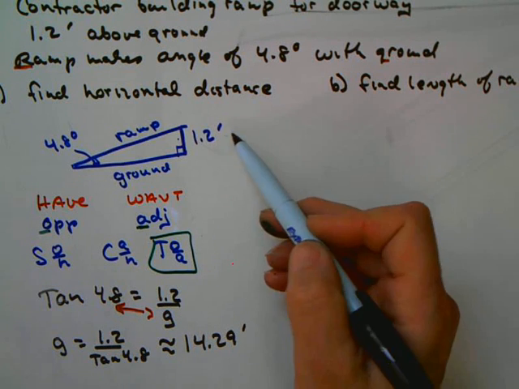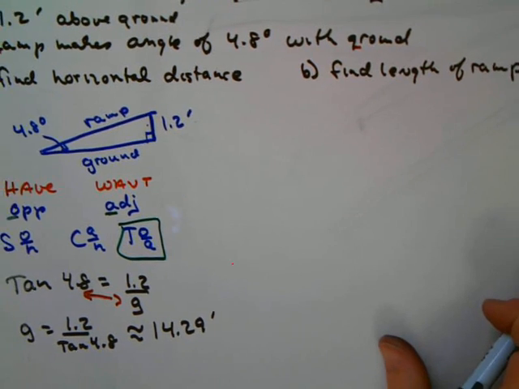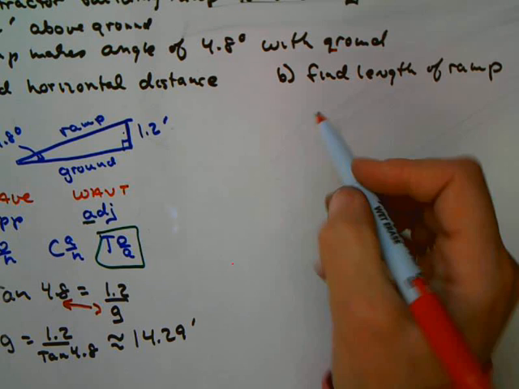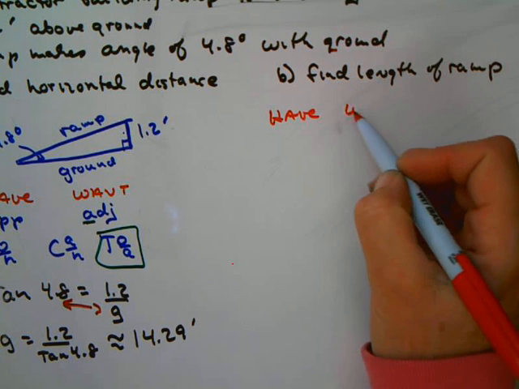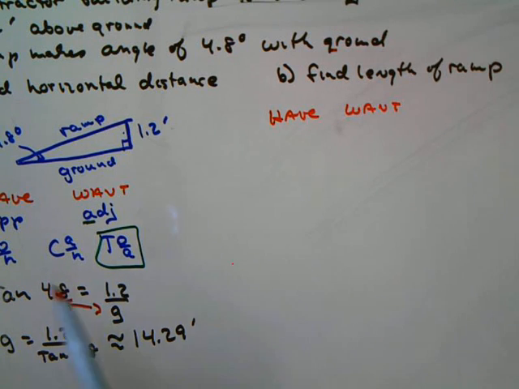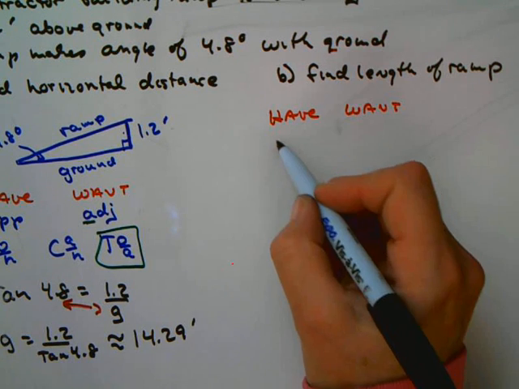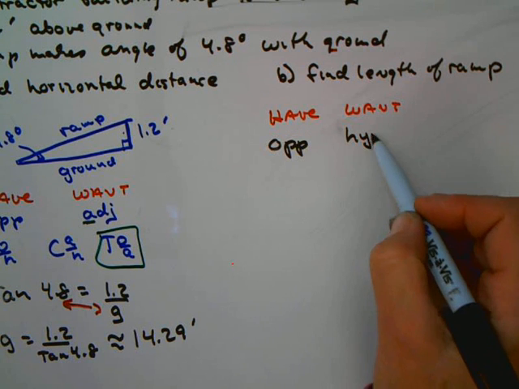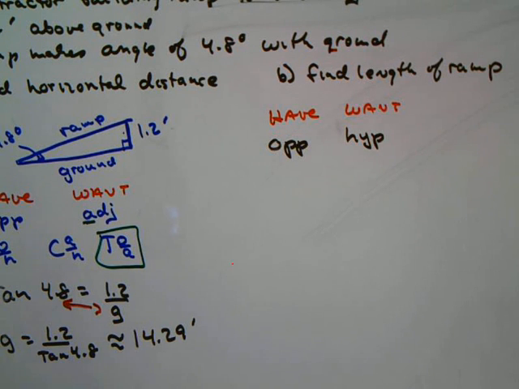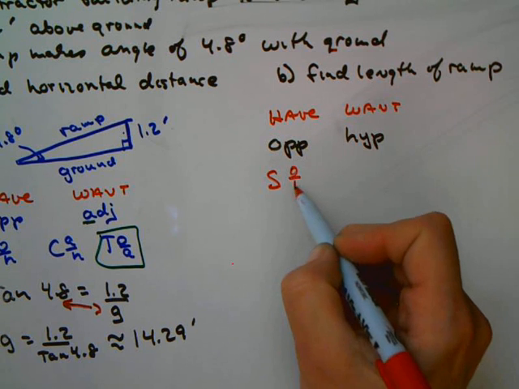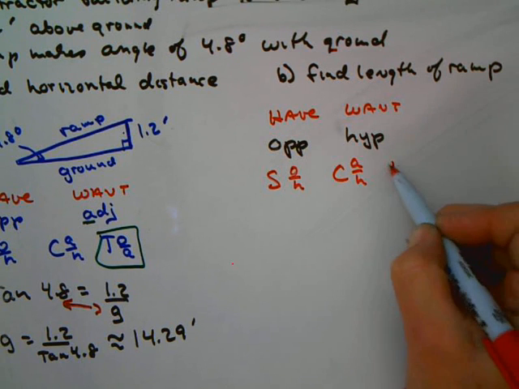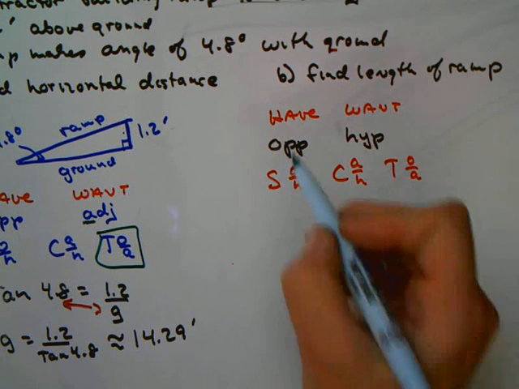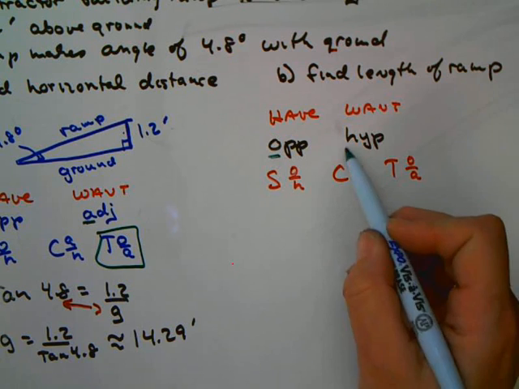Now what if I want to find the length of the ramp? Well, then, what do I have, and what do I want? I have the opposite side still, but this time I want the hypotenuse. So thinking about SOH CAH TOA, I need to relate the opposite side to the hypotenuse.